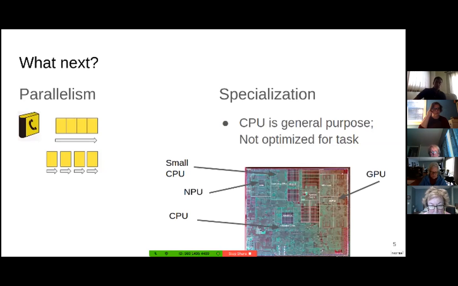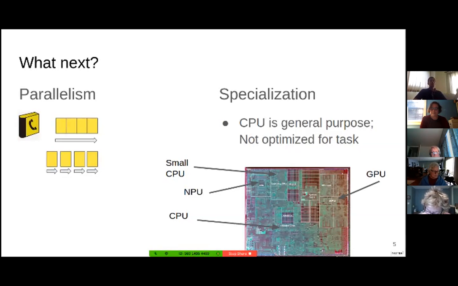So the point is that if we can't have faster transistors, but we can have more transistors, then we can have a lot of specialized circuits and have them just select the one specialized circuit that is optimized for this individual task, like if it's graphics or if it's a neural network or something else. And you're kind of right to point out that it's actually still not very easy to get performance.